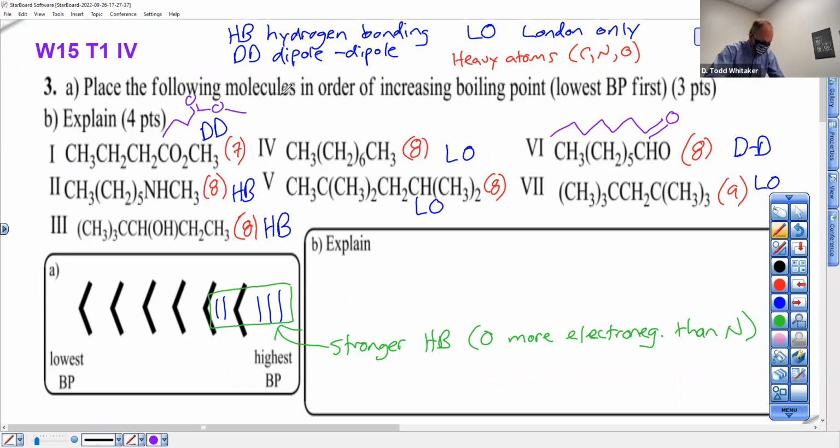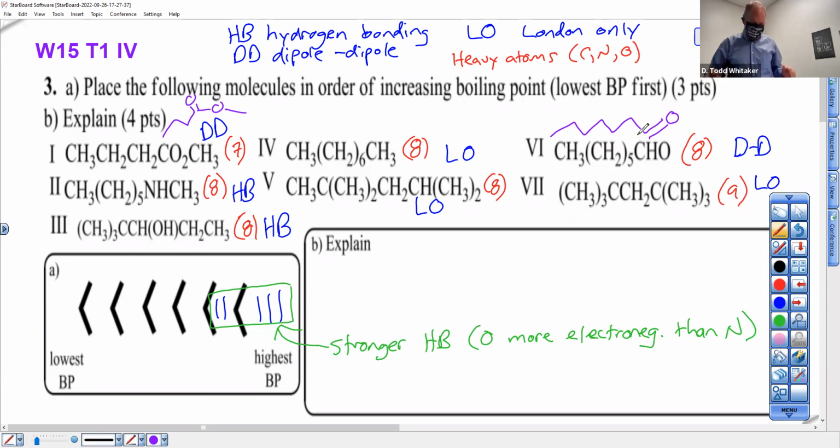Now, which one looks more linear? Because they have the same forces, the same mass-ish. It was within like 2 AMUs. Same forces, same mass, but which one seems to be more linear? VI is more linear, which means the molecules can get closer to each other.